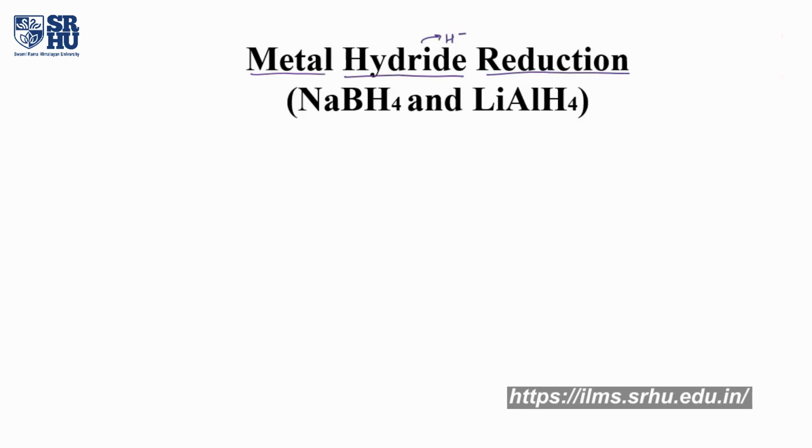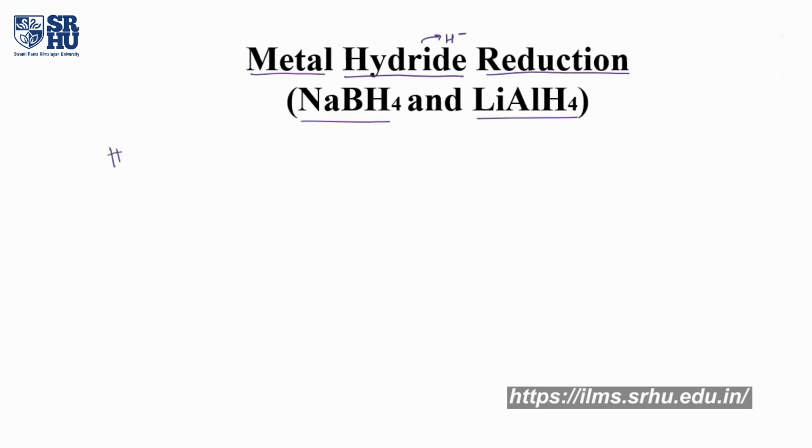So the two main metal hydride reducing agents are NaBH4 and LiAlH4. NaBH4 stands for sodium borohydride and LiAlH4 stands for lithium aluminium hydride. But before getting details about these two compounds, we must first understand what reduction means in organic chemistry.